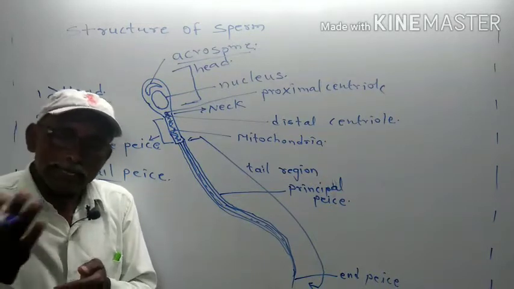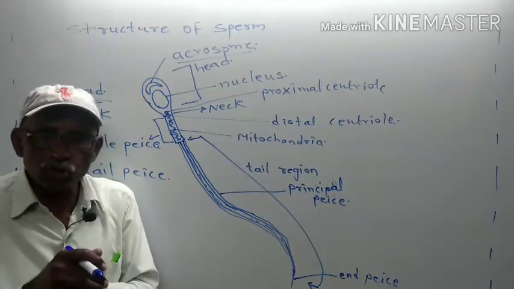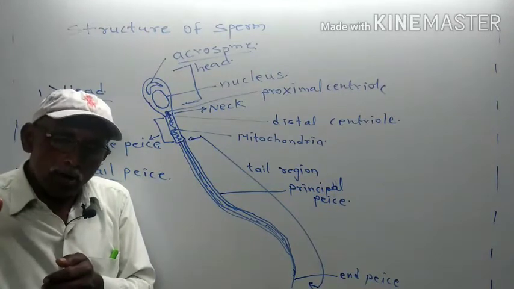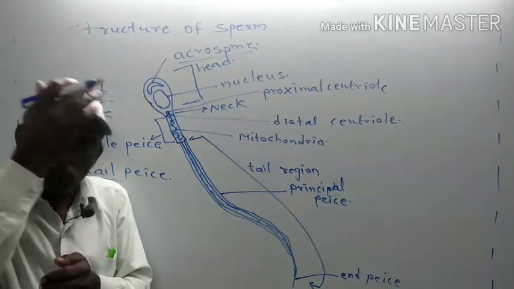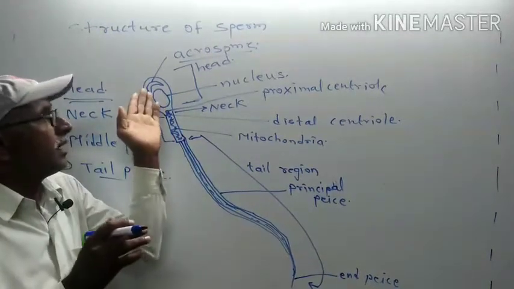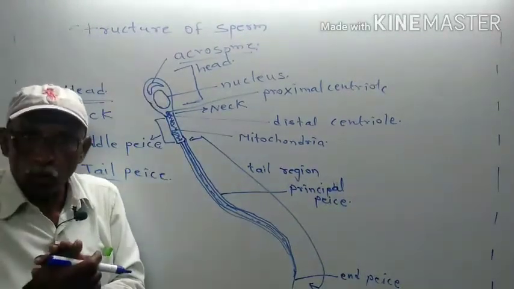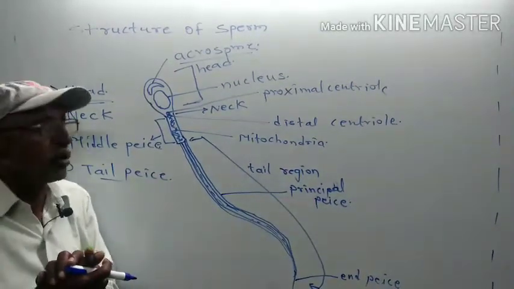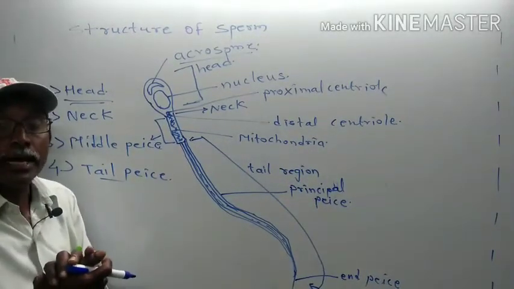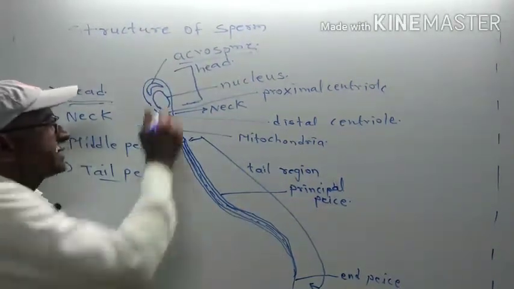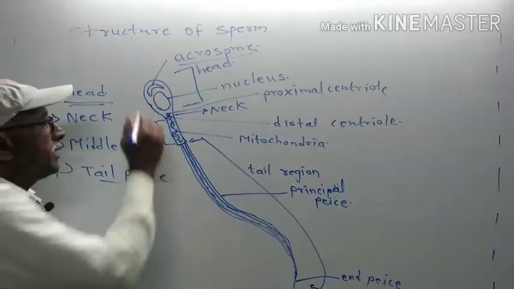Then inside it there is the zona pellucida, and the enzymes secreted by the acrosome also act on this wall. So the acrosome plays an important role in the entry of sperm into the ovum.